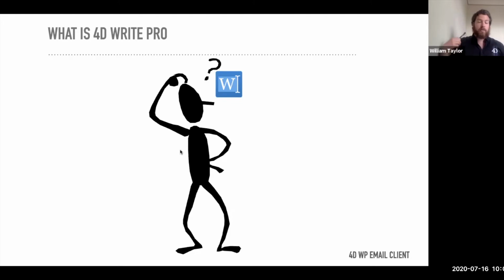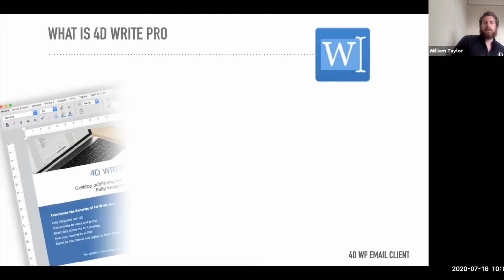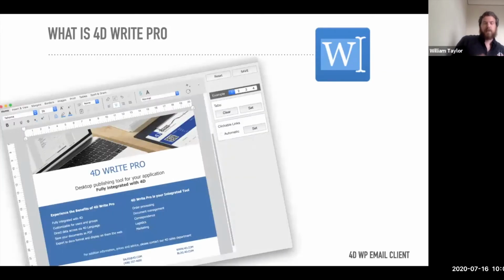It allows you to create professional, automatically generated documents from templates, and allows your clients and users to modify those in a nice, native format that looks like what they're used to in a word processing environment. It allows you to have complete control over your text areas, and I'll show you more about what I mean by that later. And as you'll see today, it also allows you to create emails.